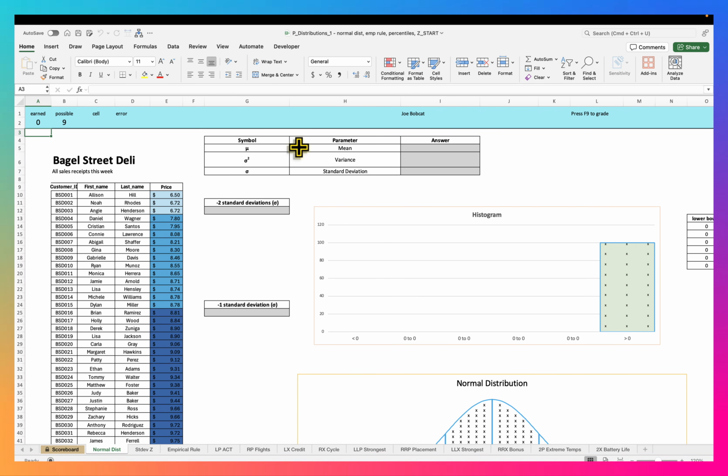So let's calculate some values based on this data. First of all, the mean, which is called mu, since it's all the receipts. This is the population. And that's equal to the average of all these receipts.